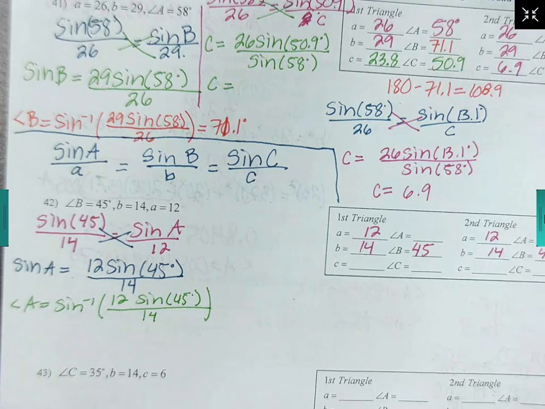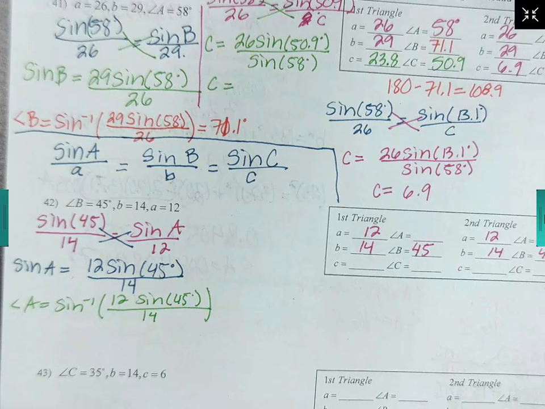Okay, so what did you guys get for the angle A? Say it a little bit louder. 3.4. Let's see what I got. I did get 37.3.